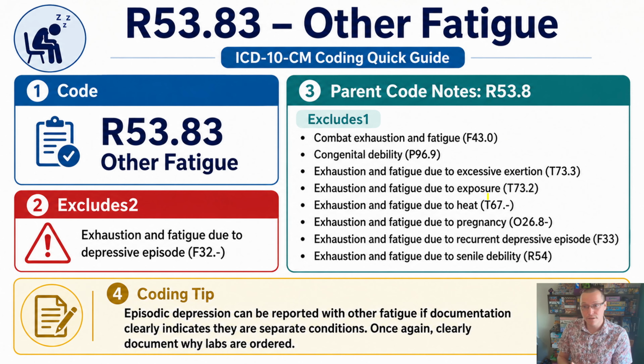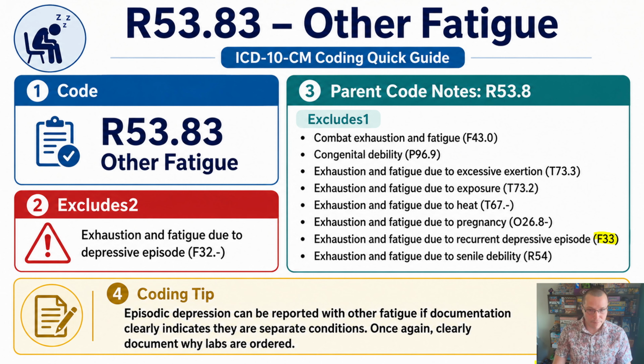Another one to watch out for, though, for a major denial is other fatigue. Other fatigue is an excluded one of F33 depression because obviously fatigue is an expected symptom with depression. But it's very common that a provider is going to want to order labs to try to rule out if there's another medical reason maybe for that depression. So just make certain you clearly document in your notes that you are ordering these labs for other fatigue and you're trying to find another reason for it.